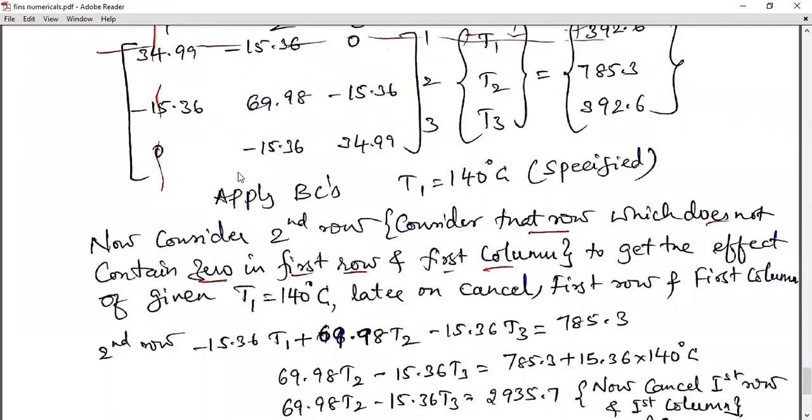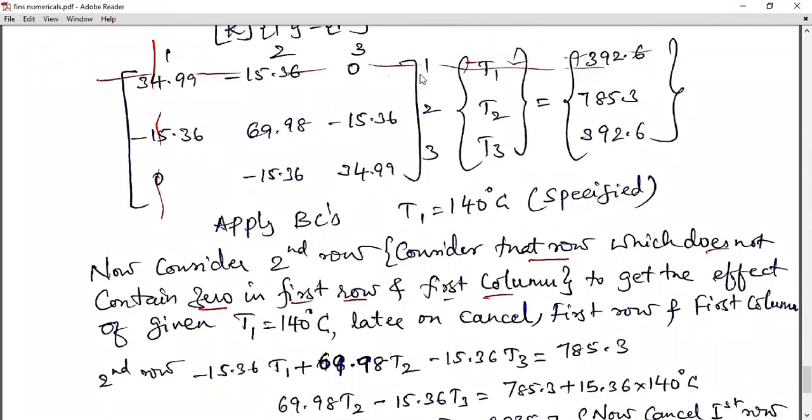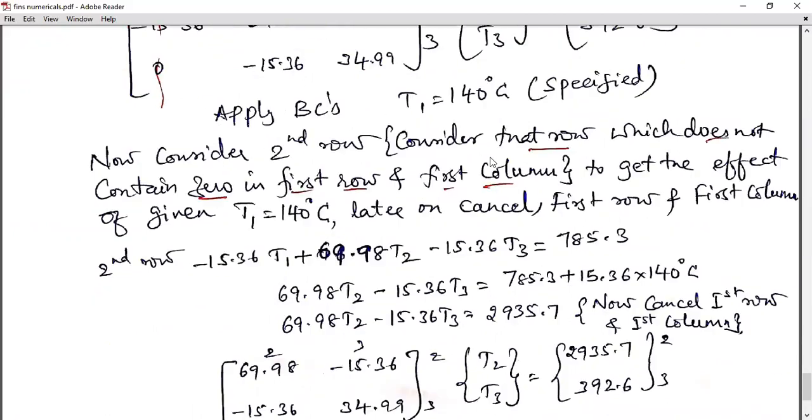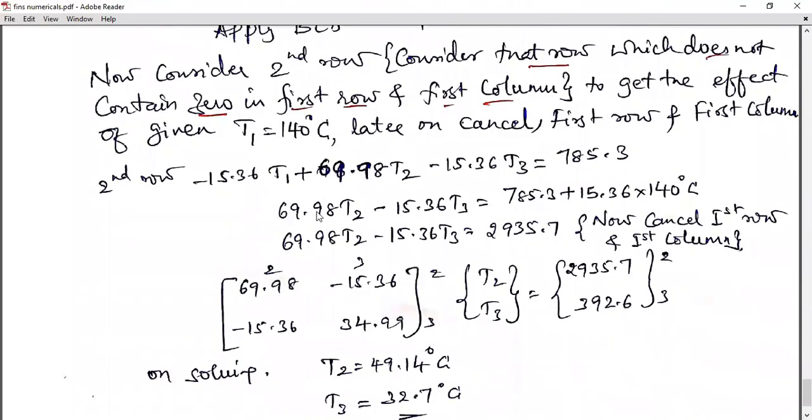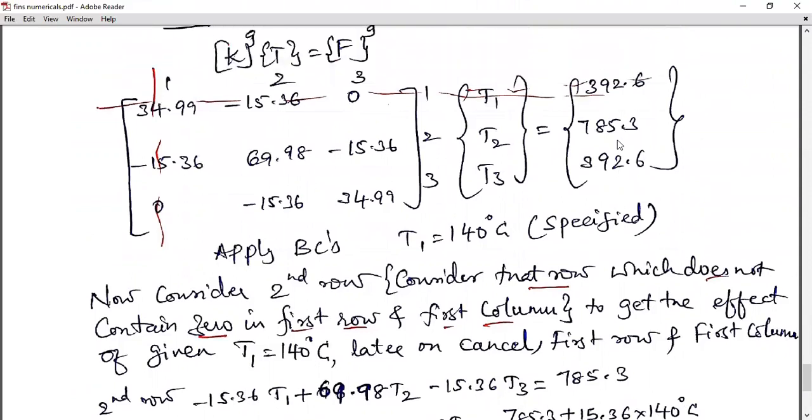Now what you will do, take the second row, modify it, minus 15.36. First you modify, then cancel. Don't think of the scratched rows and columns. Minus 15.36 T1, 69.32 T2, minus 15.36 T3. So add it, it is equal to this row's corresponding RHS only. Once you get this, simplify, the T1 term goes this side, 140 is given, you get the modified value 2935 for this.